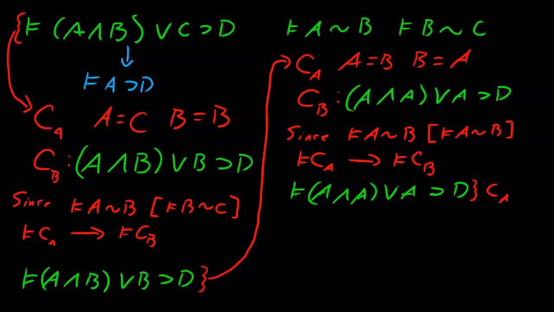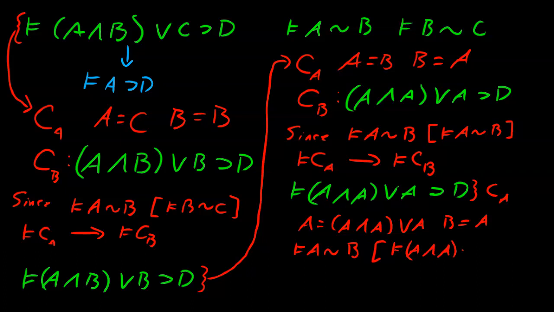So let this be our new CA, and let A be A and A or A, and B be A. We see by truth table inspection that A is equivalent to B, which in this case is A and A or A is equivalent to A. This makes CB equal to A implies D. Since we know by the corollary that this is valid, we know that A implies D is a valid formula.